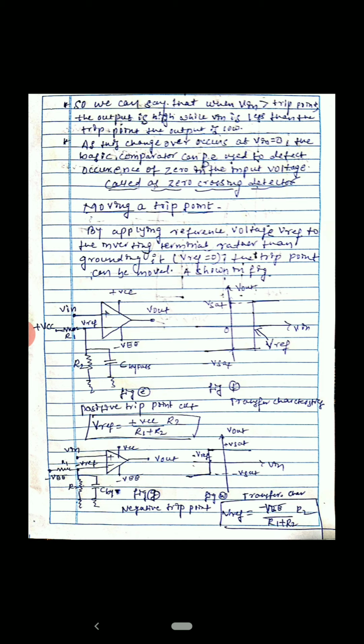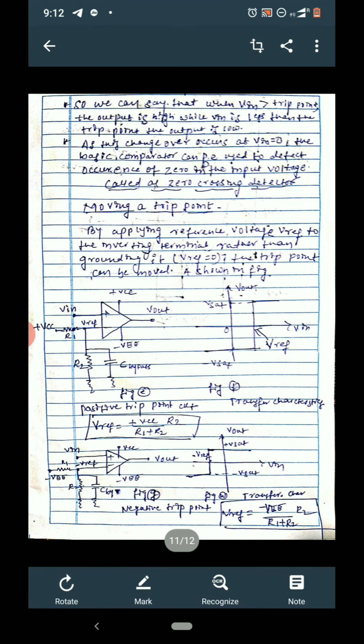Once your input becomes a little bit negative, it becomes minus V saturation. That means you are able to detect the 0 in your input signal. If your output is changing its state, it is changing only at 0 because V reference is equal to 0. So you can easily detect the 0 in your input signal.